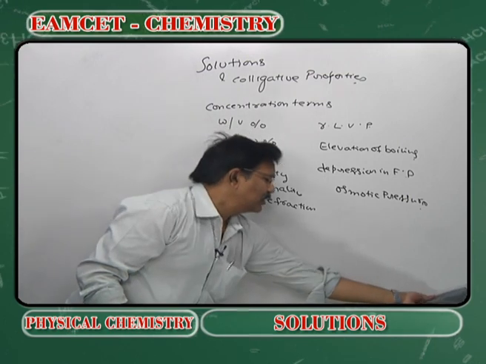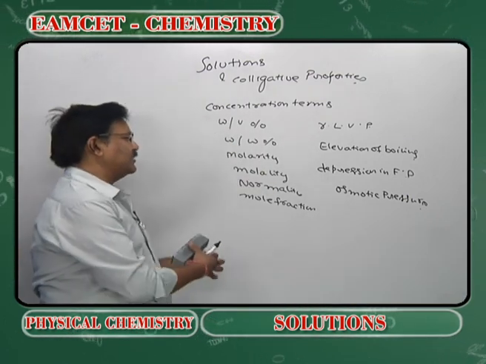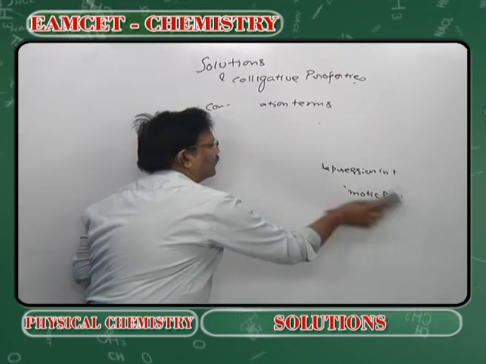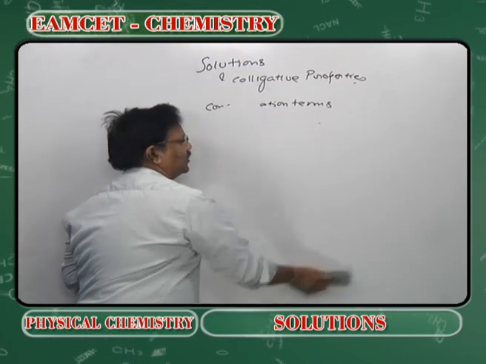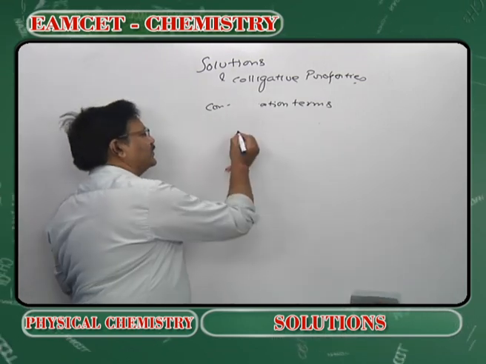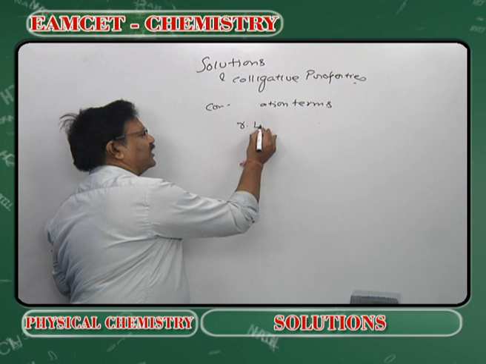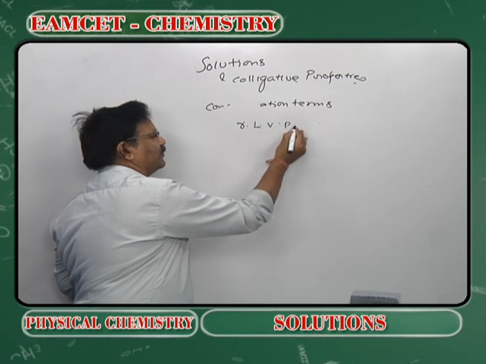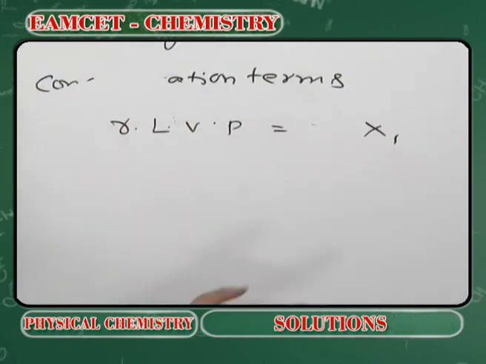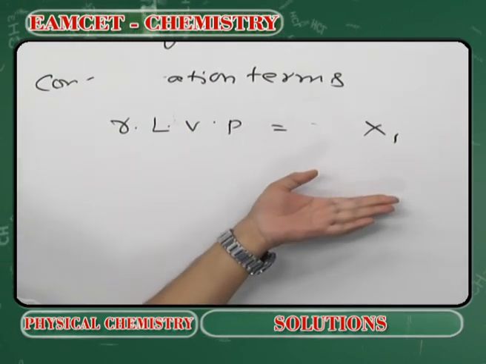Now, in discussing the colligative properties, what is the first? RLVP, relative lowering of vapor pressure. RLVP at a given temperature will be equal to X1. What is meant by X1? Mole fraction of the solute.